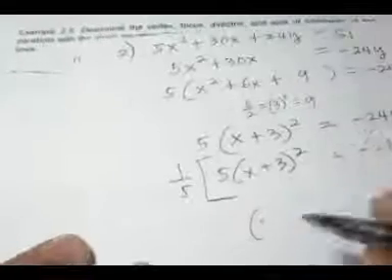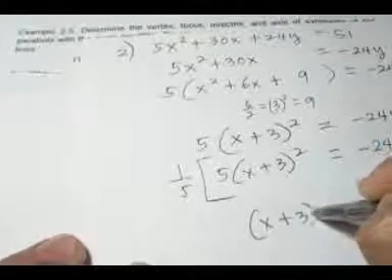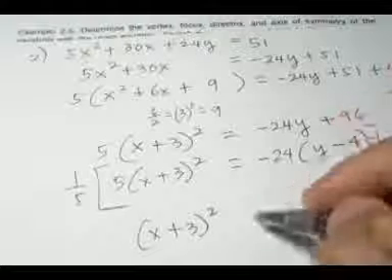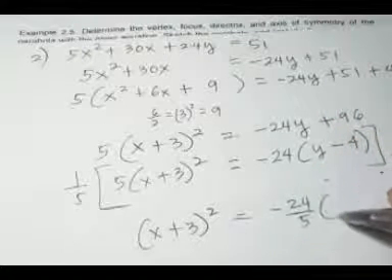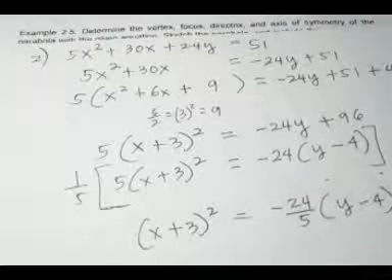So this becomes x plus 3 squared equals negative 24 over 5 times y minus 4.